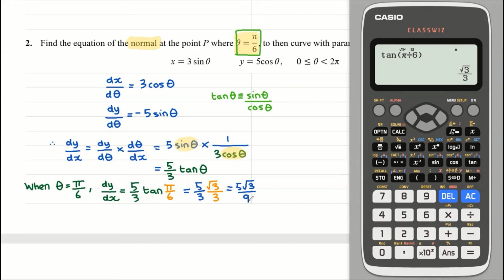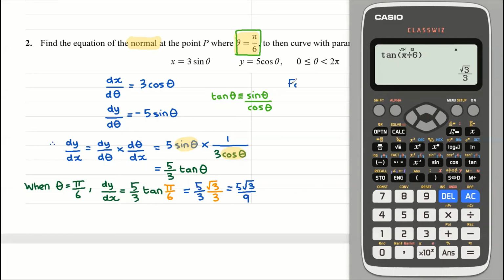Okay, now we can get on to finding the equation of the normal. Now, what we need to do at the moment is we need to find out what actually is the x value at p and the y value at p when theta is pi over 6. We haven't actually done that yet. So for the normal, let's just make a note of what we need.